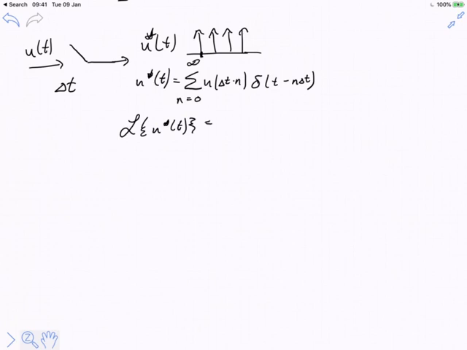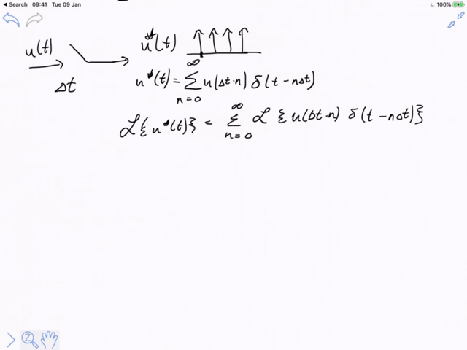And so I can imagine that the sum will go into that sigma. So I'm still going to have that sum, it's still going to go from n to infinity, but now I'm going to have the Laplace transform of lots of these kinds of terms, u of n delta t times the delta shifted by n delta t.